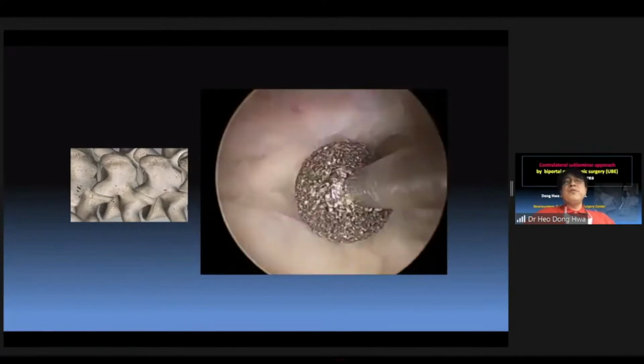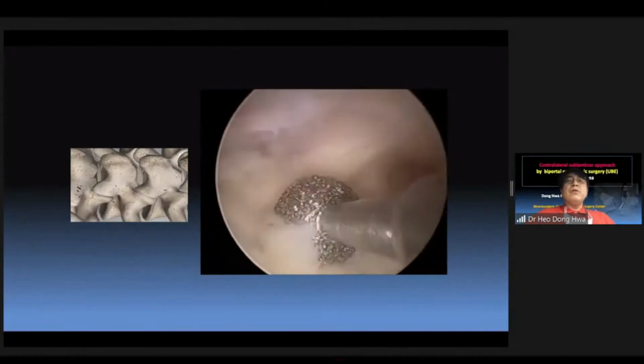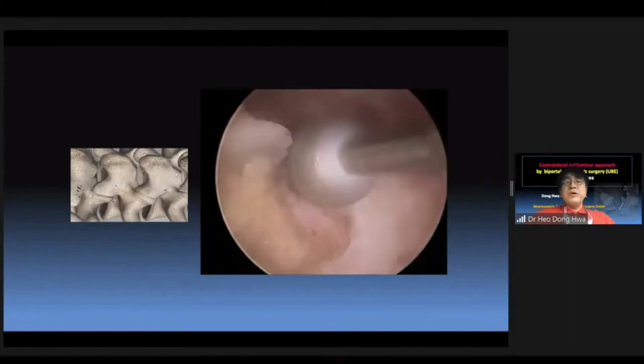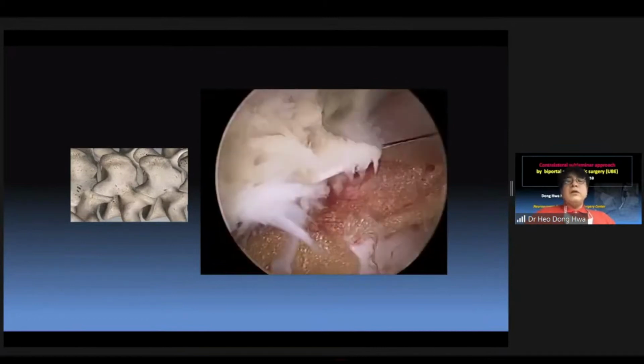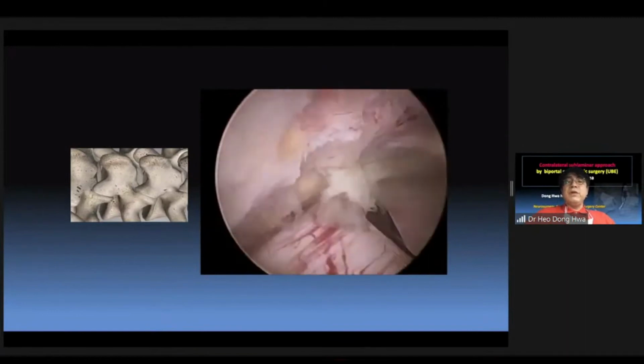If we do unilateral laminotomy with bilateral decompression using one portal or biportal, this approach is very familiar. So now I did the extended upper portion of the laminotomy and contralateral ligamentum flavum removal.